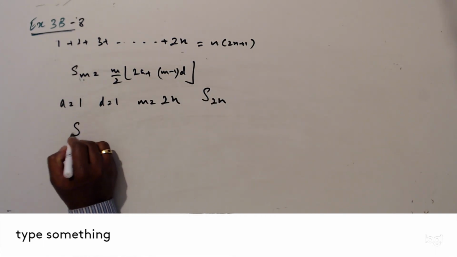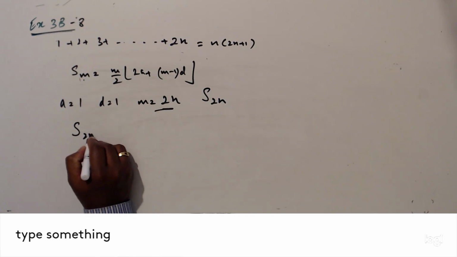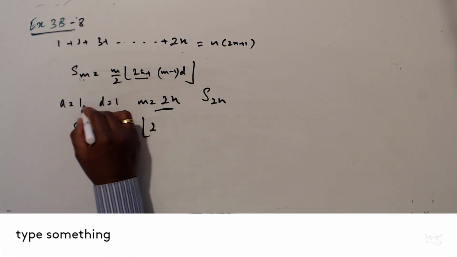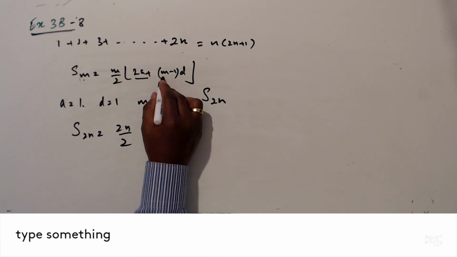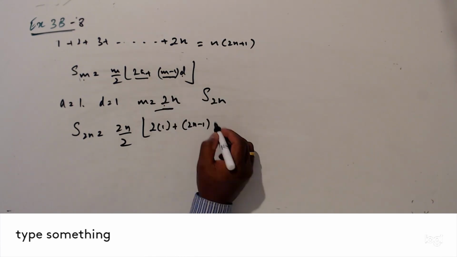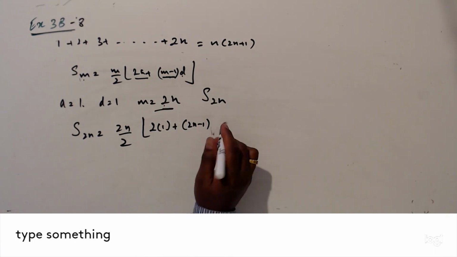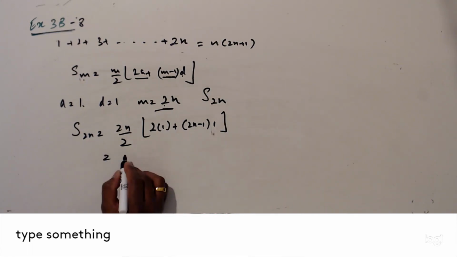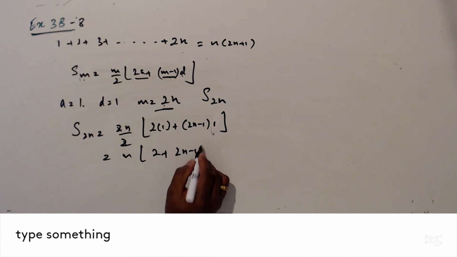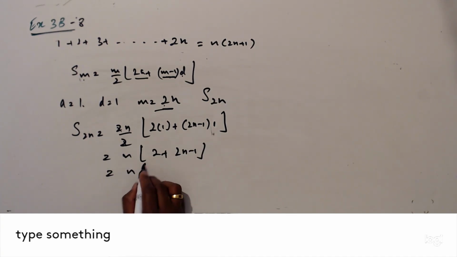So instead of m, we put 2n: S2n equals 2n over 2 times 2 times a, which is 1, plus 2n minus 1 times d, which is 1 again. This cancels out to n times 2 plus 2n minus 1, that is n times 2n plus 1.